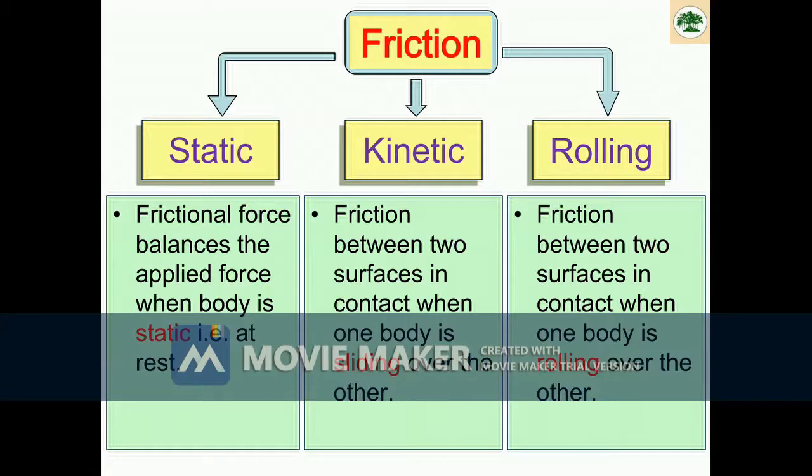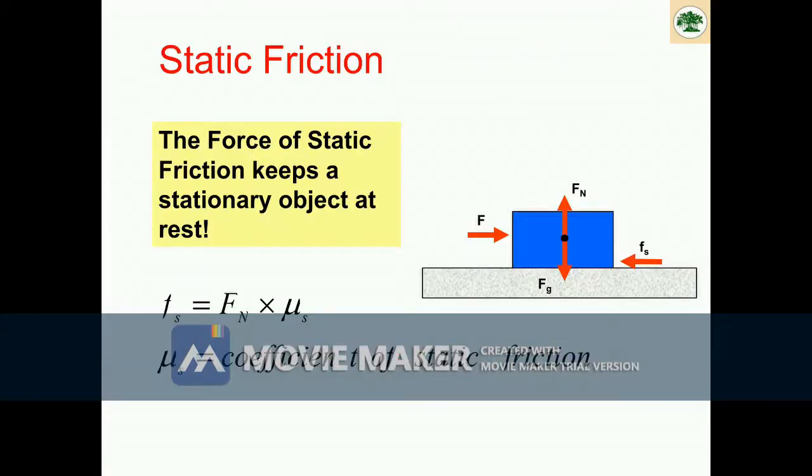Now in static friction, the force of static friction keeps a stationary object at rest, and this force, that is Fs, is as shown in the figure.